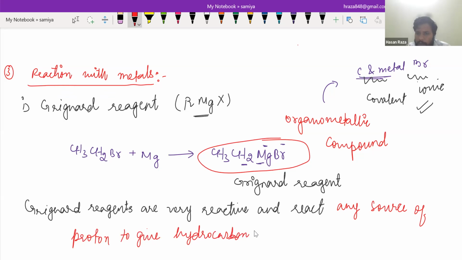Please write up to this, then I will explain the reaction. Even it reacts with the moisture to form hydrocarbon. Let me know when you're done with this.